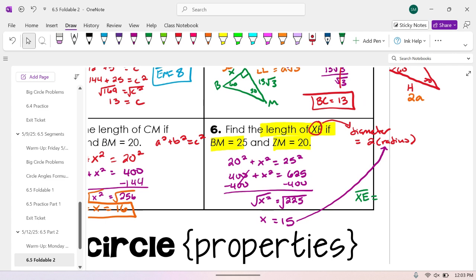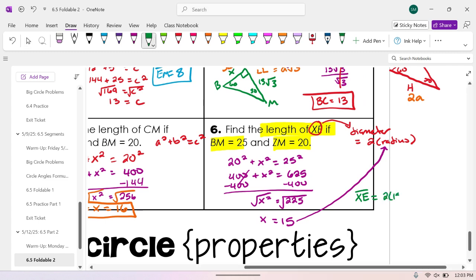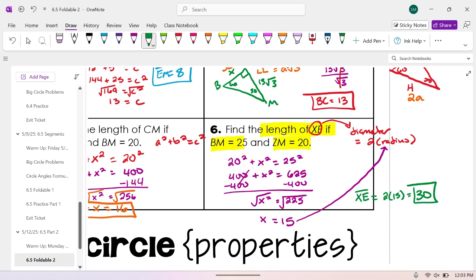If 15 is the radius, that means my diameter is 30. If I do 2 times 15, it's equal to 30. Any questions on that particular journal?